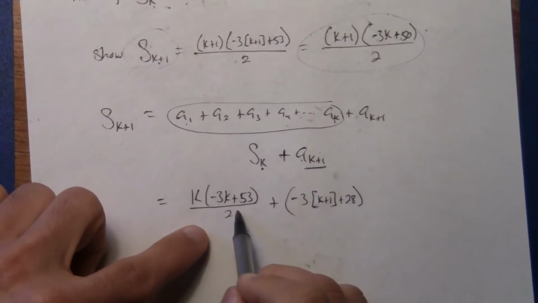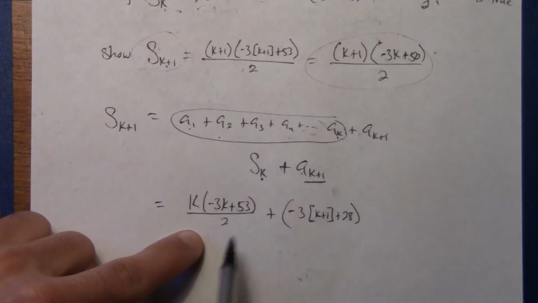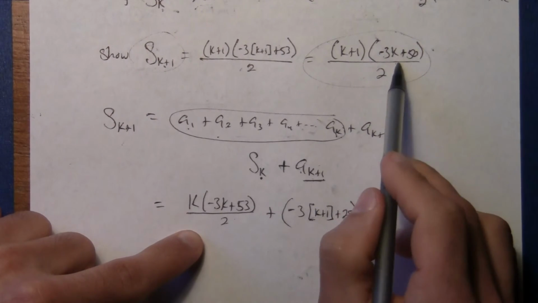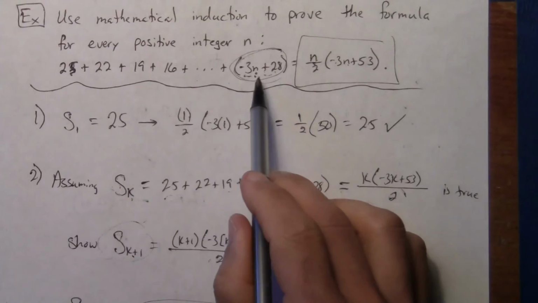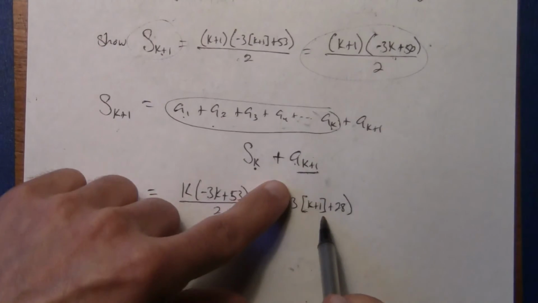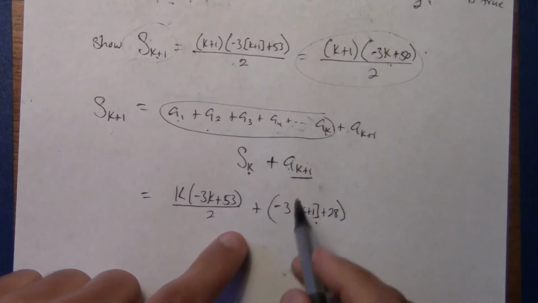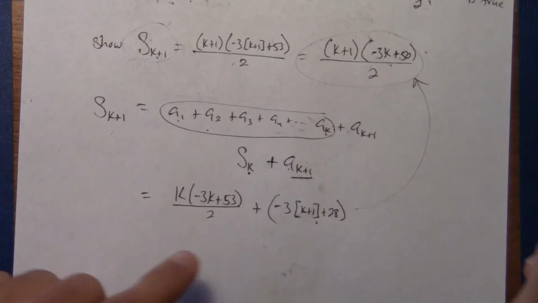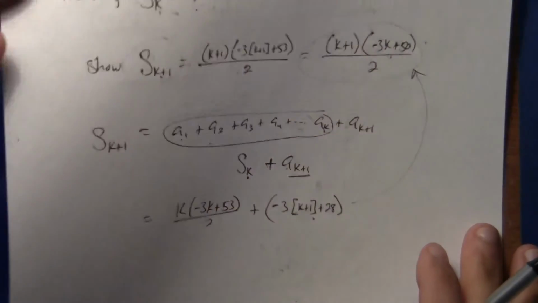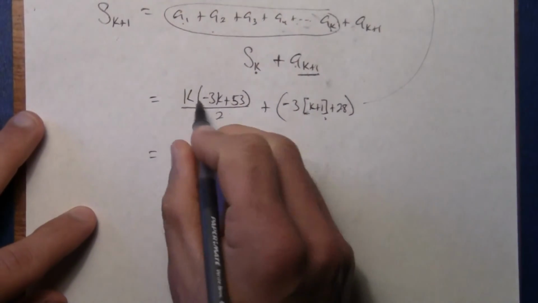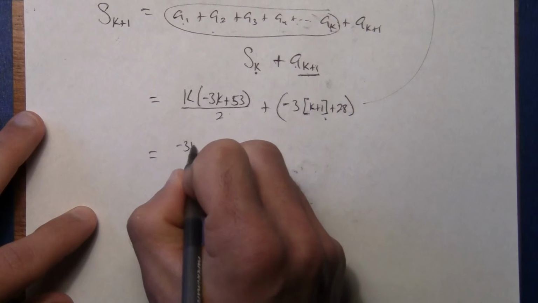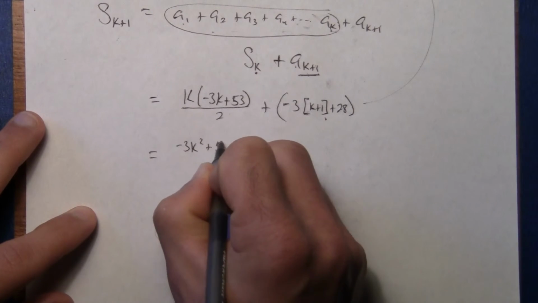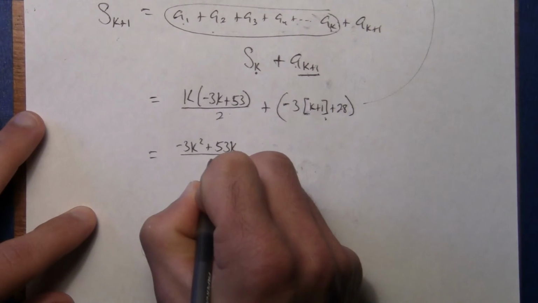So there's the sum of the first k terms, which is what I have up here. And then here's the k plus 1 term when I plug k plus 1 in here. And now I'm going to simplify this and hopefully get it to equal that. If I don't, then I know something's wrong. Alright, so multiply out, that's going to give me negative 3k squared plus 53k over 2.